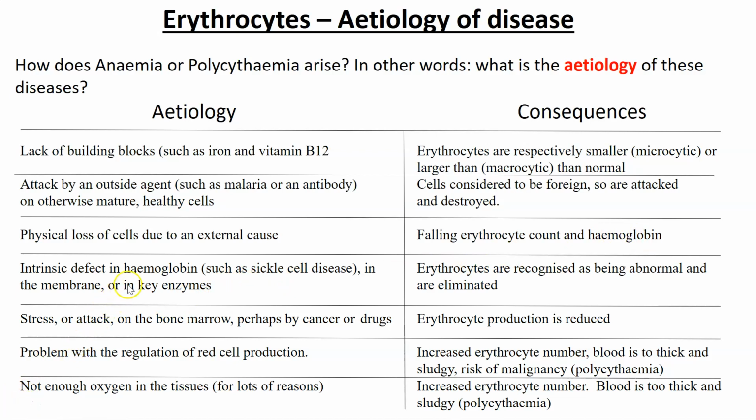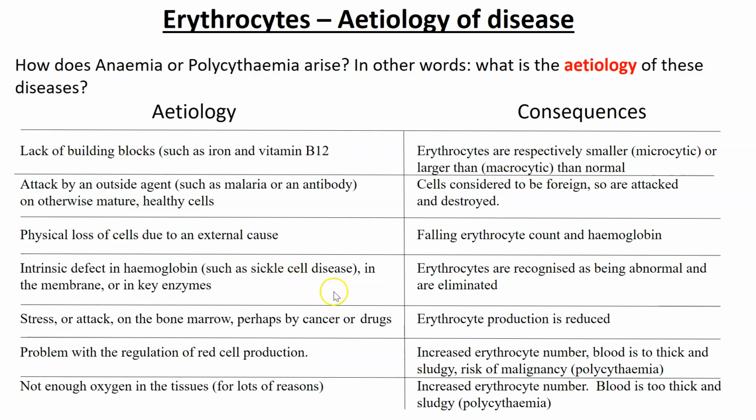There are intrinsic defects or genetic defects that can cause your hemoglobin to not be manufactured properly. The most common type is sickle cell anemia or sickle cell disease.